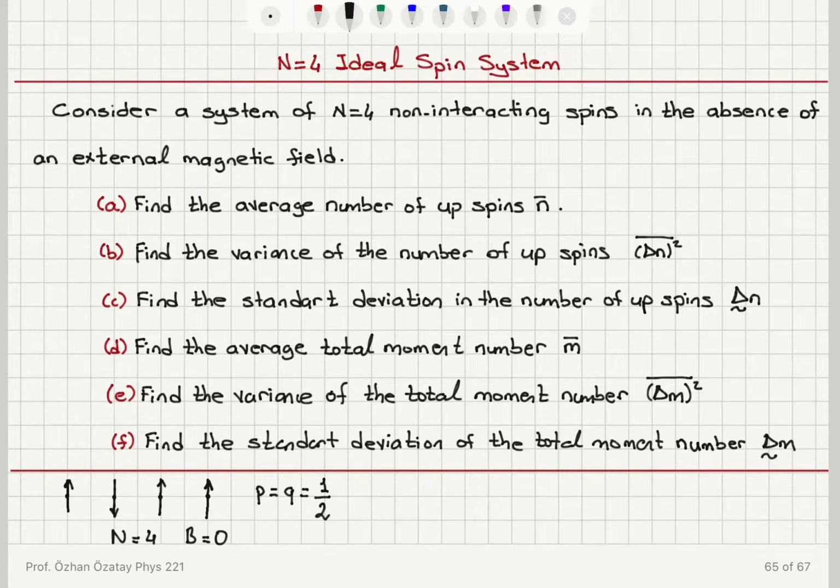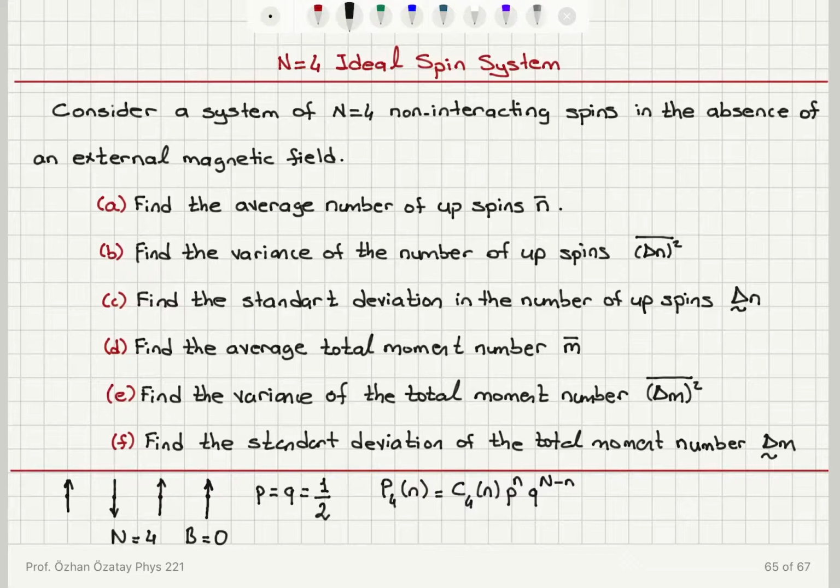So the probability of having n spins pointing up out of 4 spins is given by combinations of 4 spins taken n at a time, p to the n, q to the capital N minus n. That's the binomial distribution. So what are the possible values of n I can have?